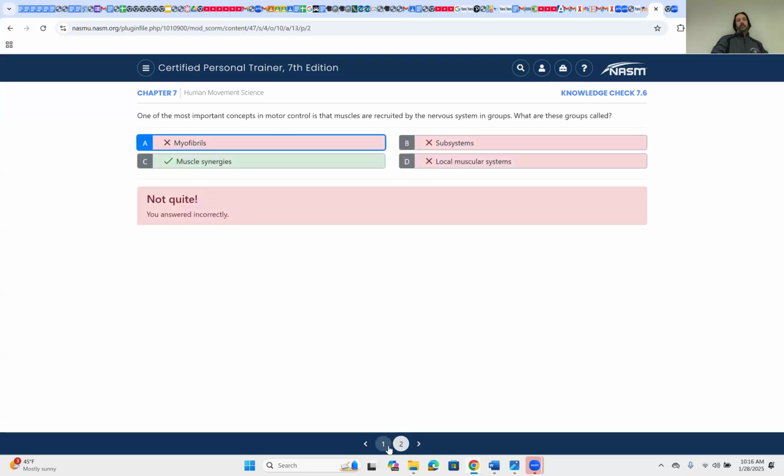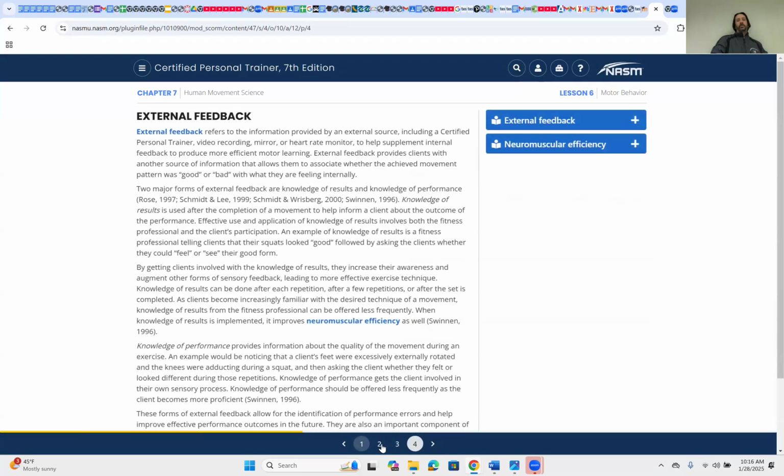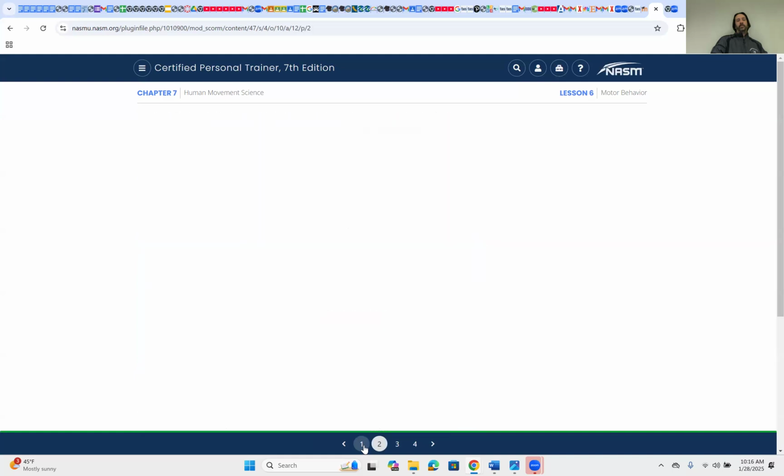Let me just show you the scapula real quick because there's a picture of it on here.